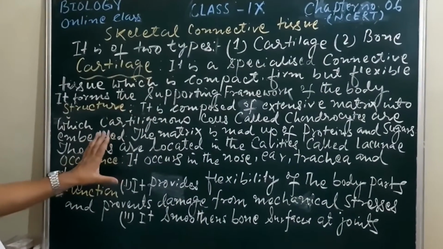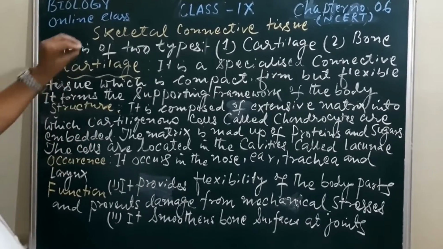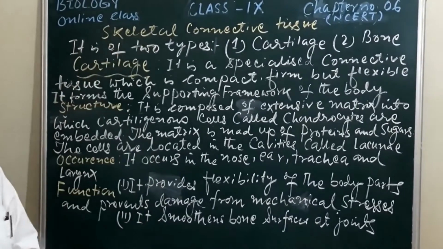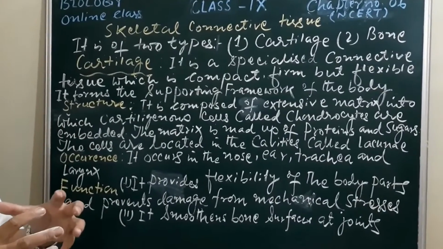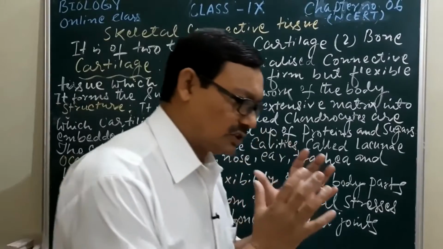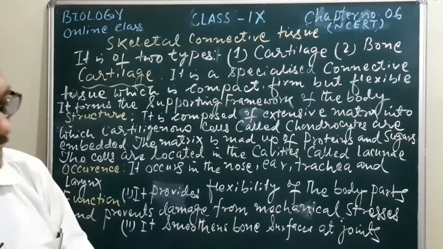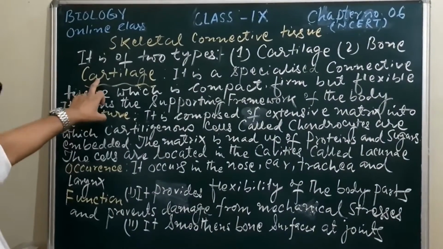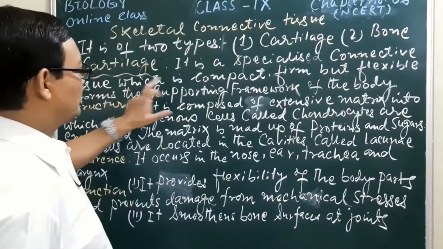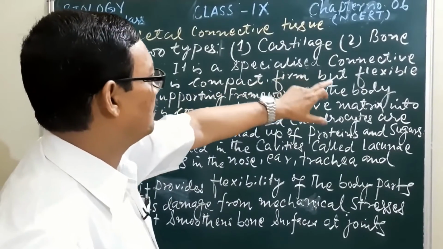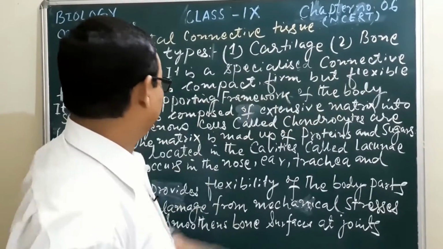There is presence of matrix in both, as you well know that in each and every type of connective tissue there is matrix present, and in the matrix the cells of the tissue are embedded and scattered. Here the cartilage is a specialized connective tissue which is compact, firm but flexible. It forms the supporting framework of the body.